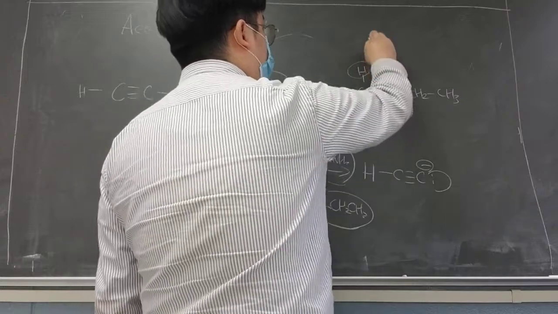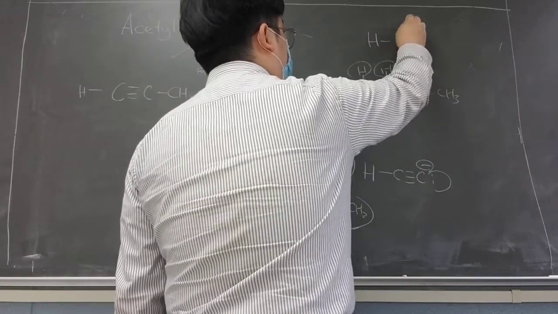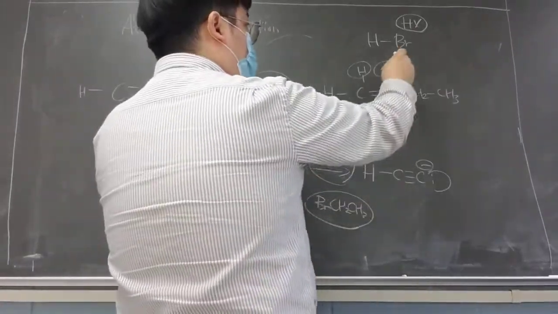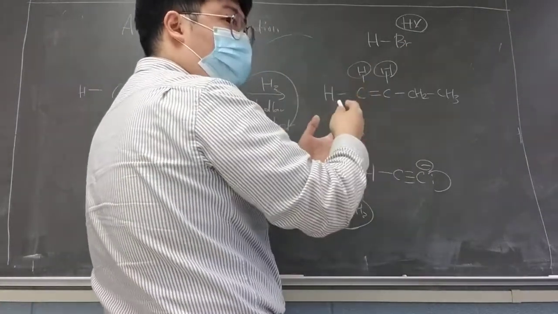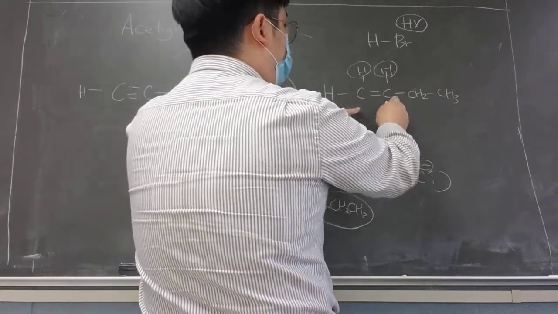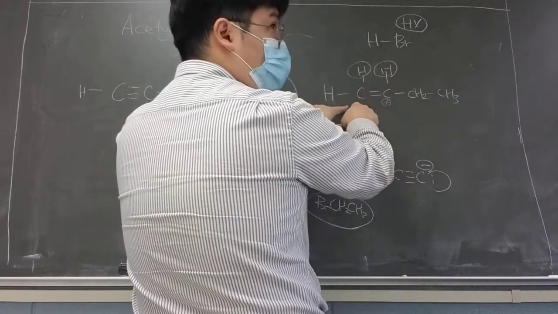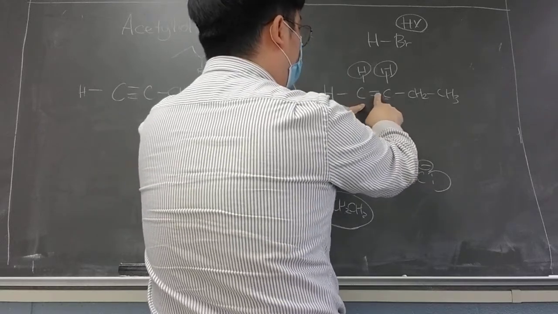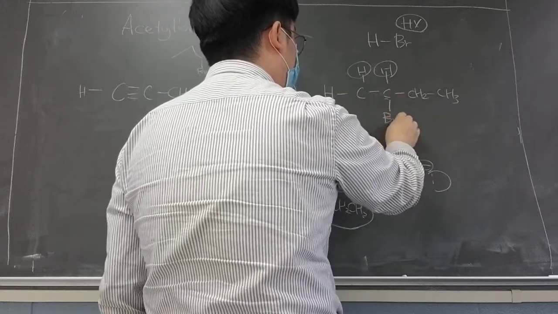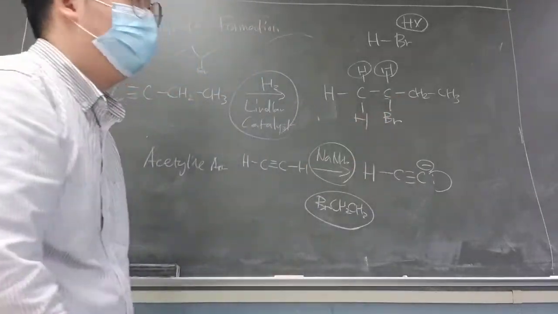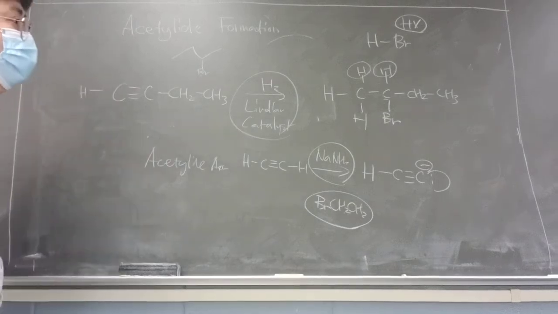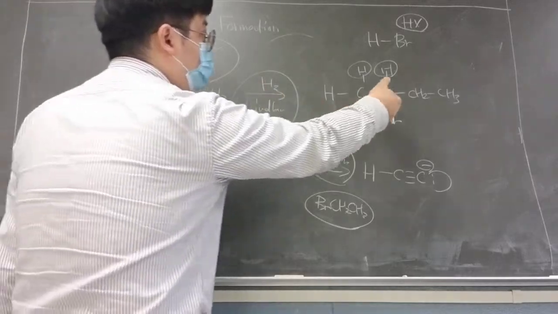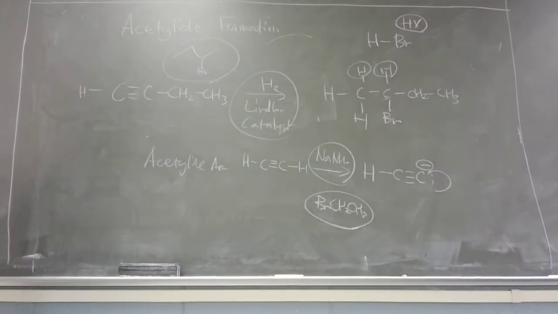If you just treat with HX, the hydrobromic acid here, this will follow the Markovnikov rule. So they will try to make a carbocation on here, not here. They will attach where it's more substituted. So they're going to bond to this one. Finally, you have got to this one if you just flip it. So that's pretty much it.